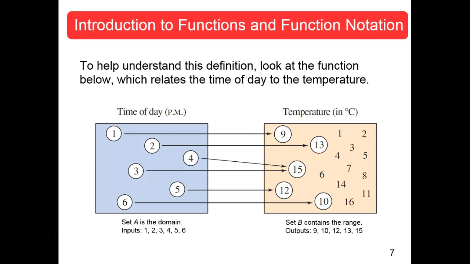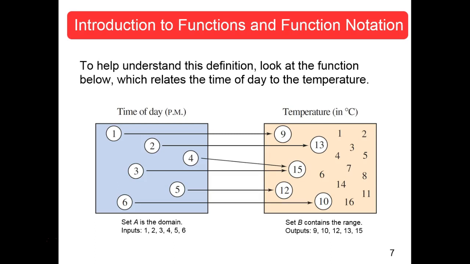No special reason why they put them in this order. But this is your domain, the input set. The times of day on the hour between 1 and 6. Those are your inputs. Okay. Over here on the output, we have temperature, of course in degrees Celsius to make it confusing, but it's okay.